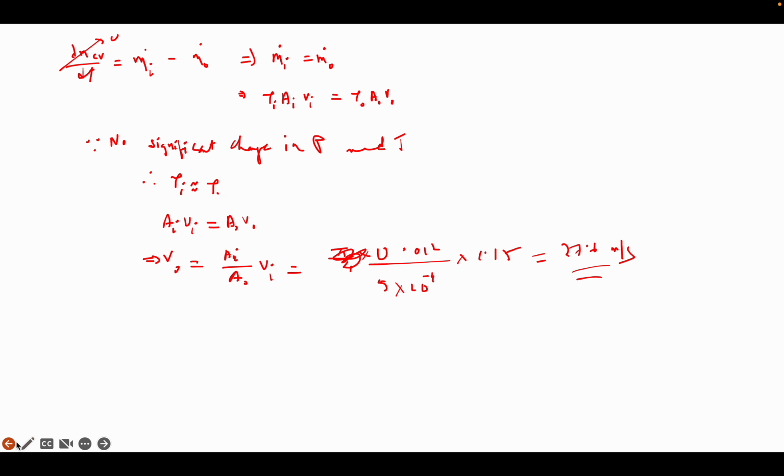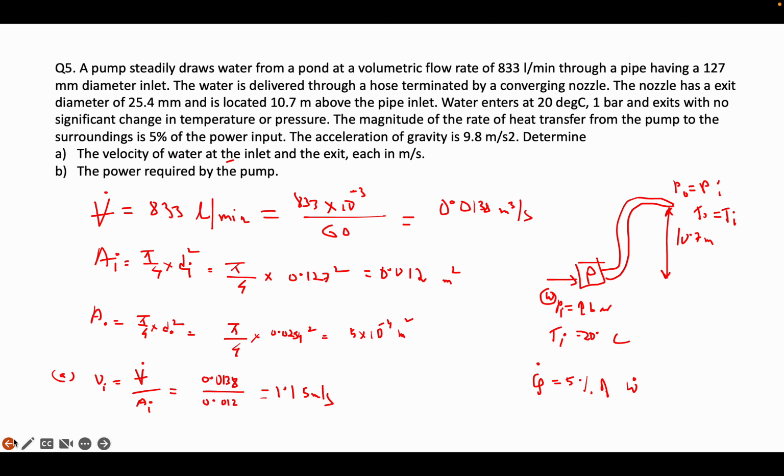Next is the power required by the pump. I'm done with the inlet and exit velocities by the mass conservation equation. Now I need to calculate the power input. For that, once again I'm going for the energy balance equation.